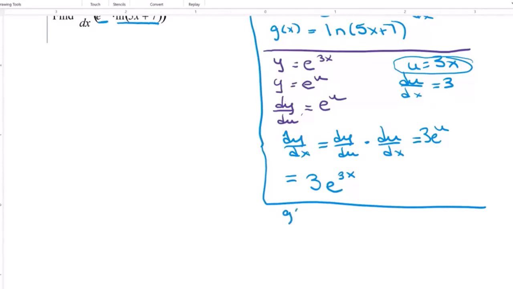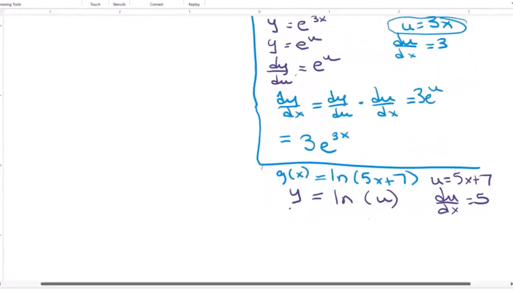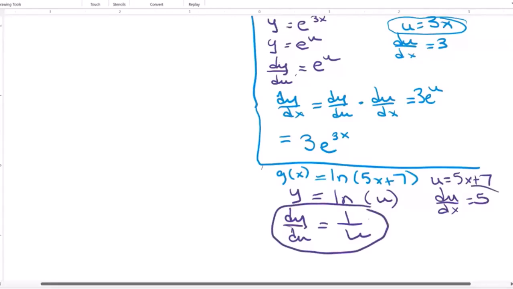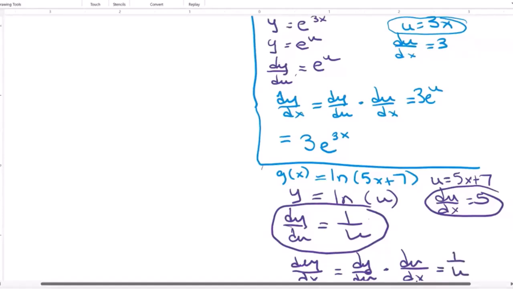So g of x is equal to ln of 5x plus 7. So I can say here dy du is equal to 1 over u. So I have dy du, I have du dx. So dy dx is equal to dy du times du dx, which is equal to, well, dy du is 1 over u, and du dx is 5.